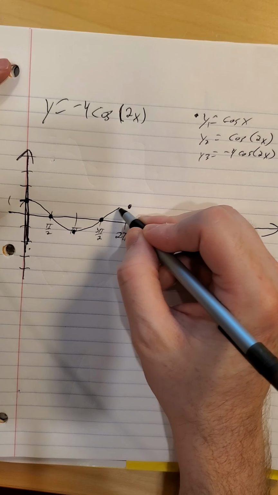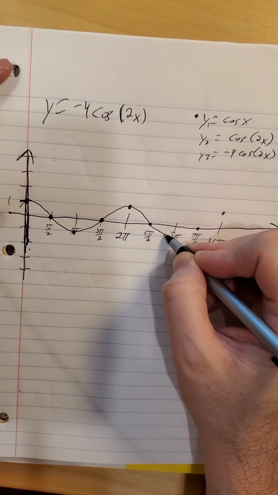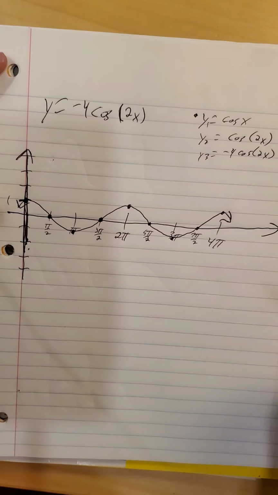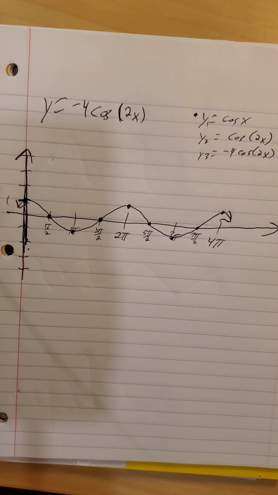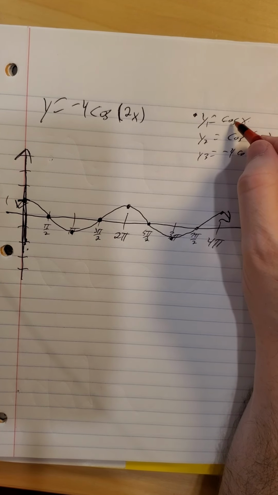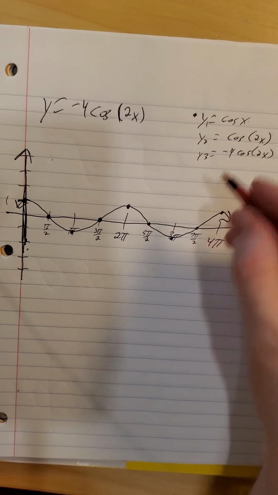So here is just our basic function y is cosine x, and not basic as in this stuff is easy, but basic as in there was only one thing happening to our input. It was made into the argument of a cosine.